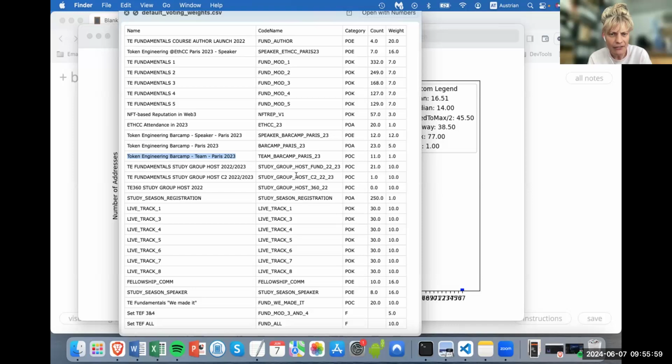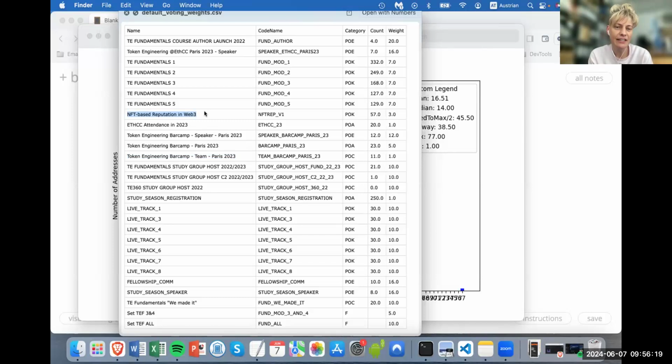Wait, I feel that NFT-based reputation in Web3, is it really 3? Yeah, I know why. For NFT-based reputation in Web3, the knowledge is actually very relevant, but the exam is easy to game.